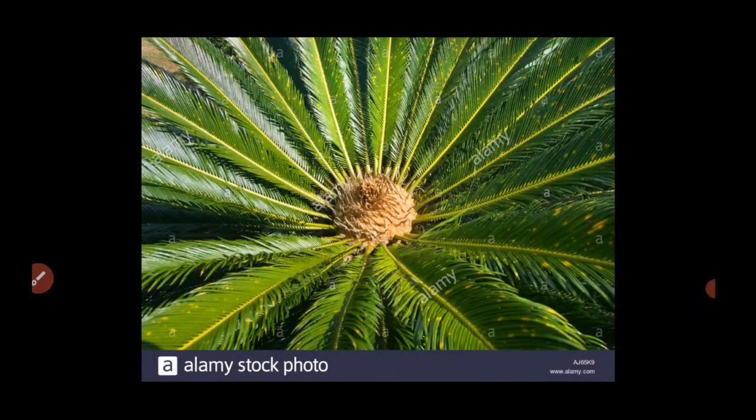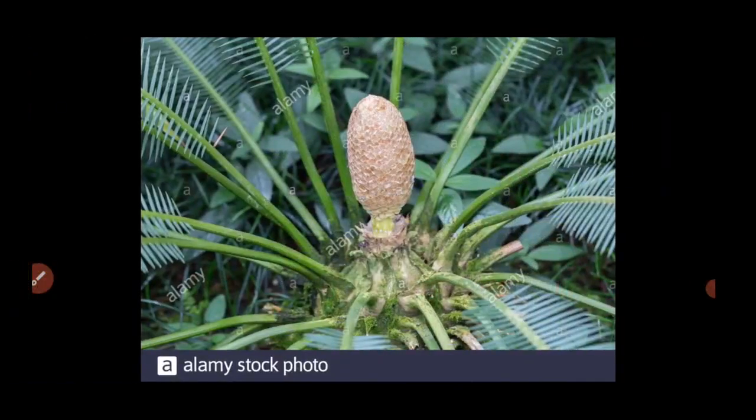These are small palm-like plants, erect and unbranched. Leaves are pinnately compound, forming a crown. They have a tap root system and a coralloid system of roots. Example, Cycas.